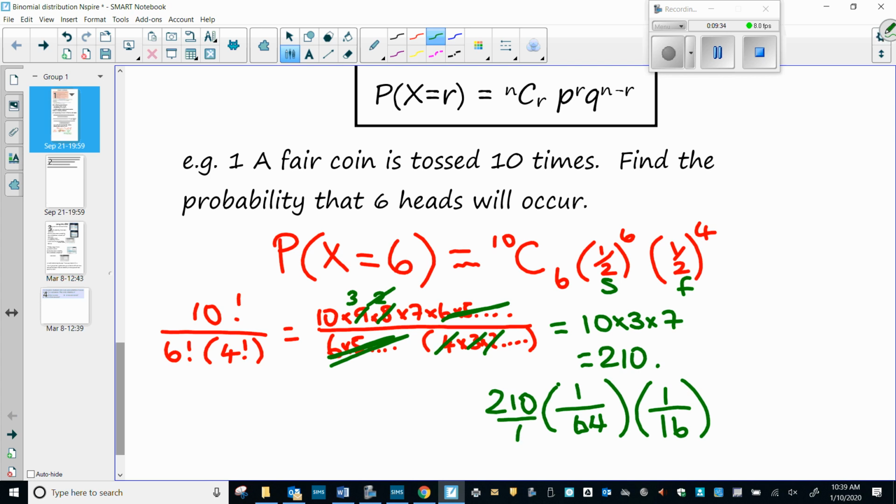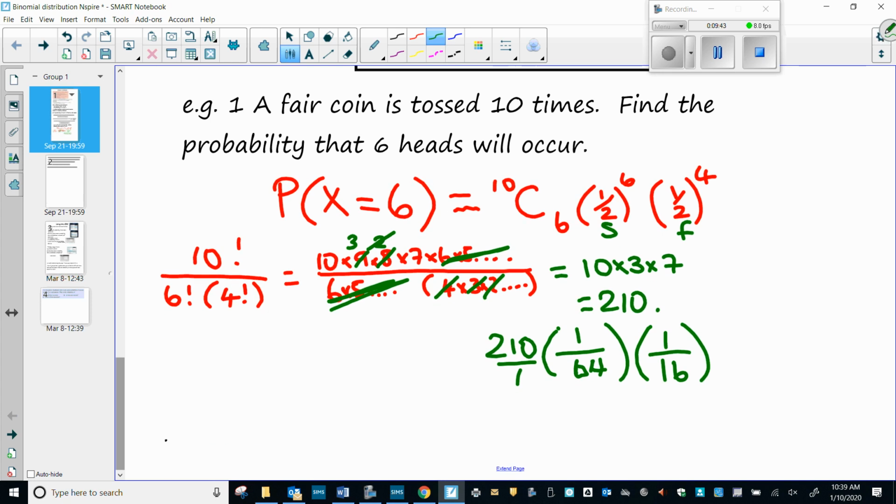Let's do some cancelling. When I say cancel, we've got to cross out numbers. Work stuff out. I feel like 64 goes into 210. You think 64 goes into 210? Something's telling me that. No, I don't think so.